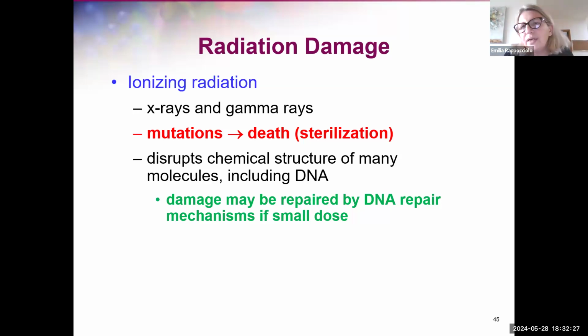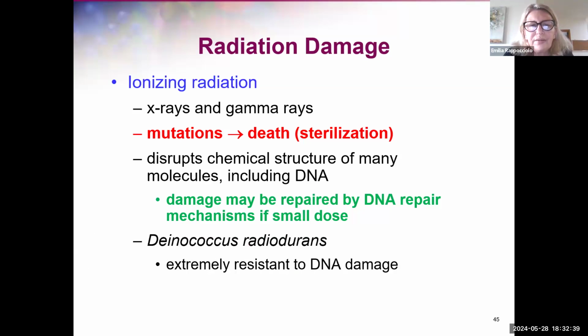Now, they can do it again to a certain extent. They cannot do it for very extensive damage, but small damage, small dose, they can actually repair and fix this problem. There is one species of bacteria, Deinococcus radiodurans.